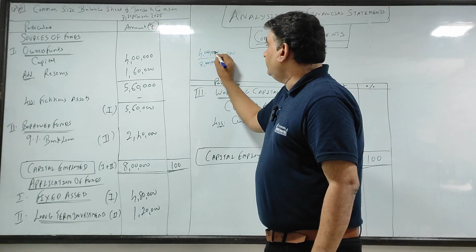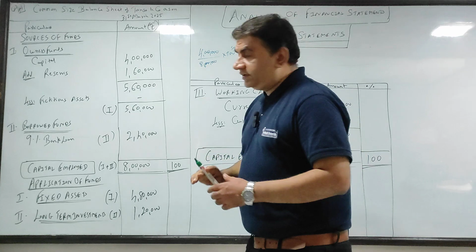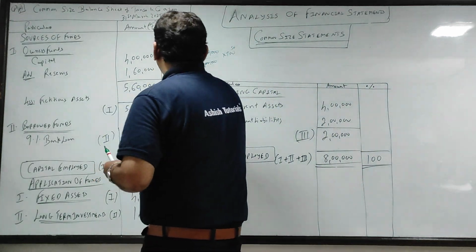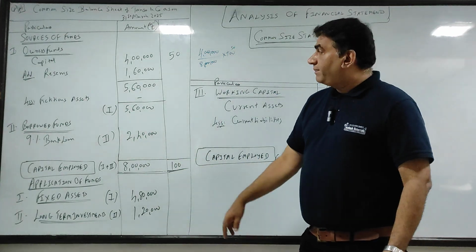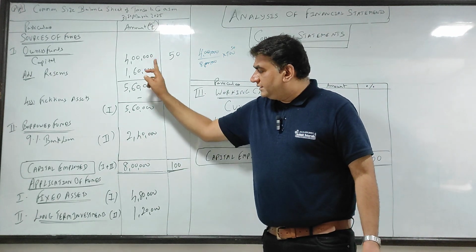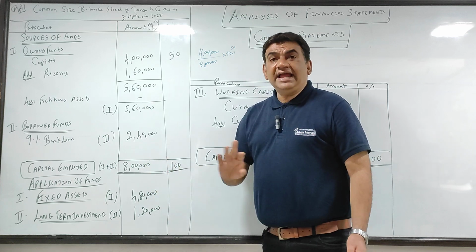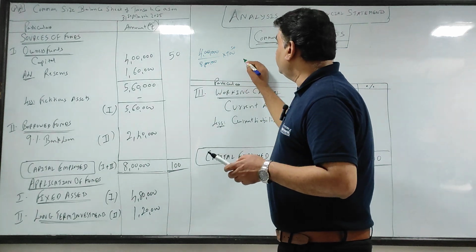So 5 zeros gone, 5 zeros gone, 4 twos are 8 and 50. So this becomes 50%. The calculations are pretty straightforward in this. Got it? I'll repeat. 4 lakh divide by 8 lakh into 100 will be standard. Now see, reserves. So what you will do?